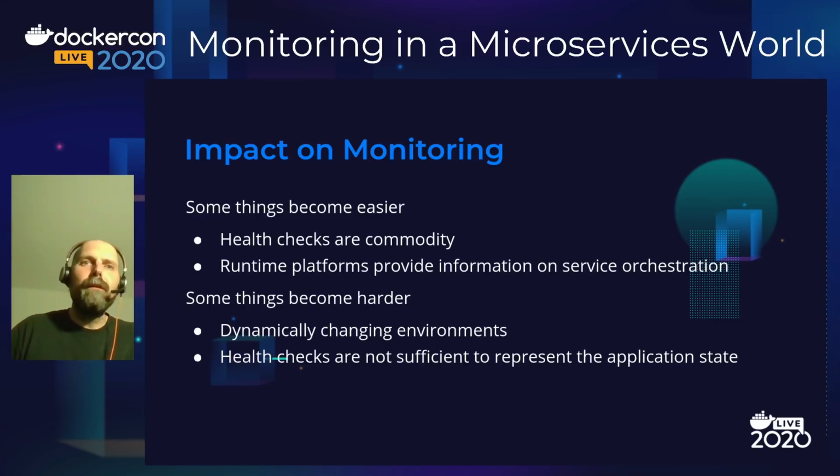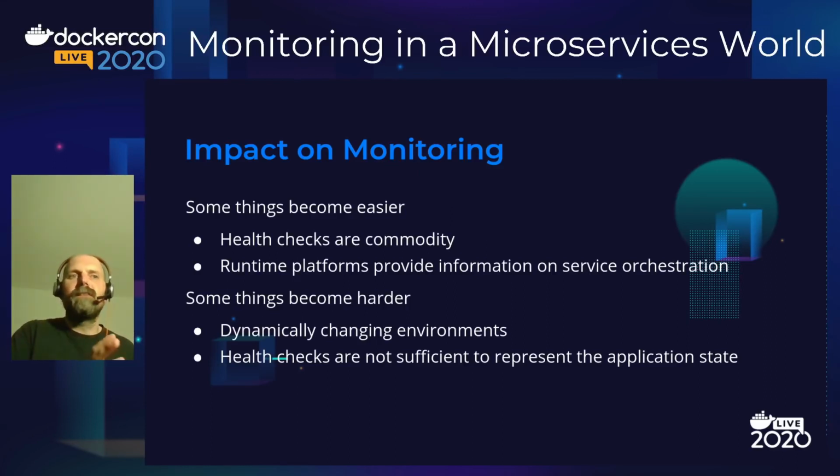And one of the other things that became harder, and I find this particularly interesting because we spoke of health checks a few minutes ago, is that health checks are now a commodity, and modern runtime environments like Kubernetes provide health checks out of the box. However, health checks are not sufficient anymore to represent the application's state, right?